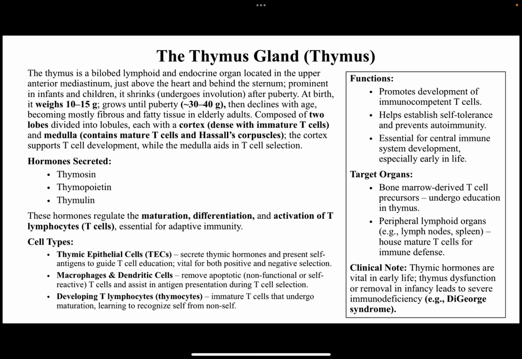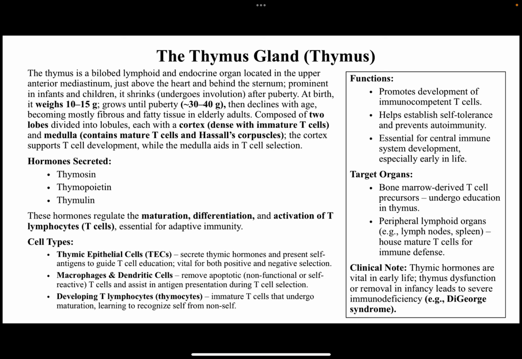Is that okay? Because the thymus gland is getting damaged, the cells within the thymus gland, especially those that produce the thymic hormones, are going to be affected. And that is going to cause issues relating to autoimmune conditions or defects.